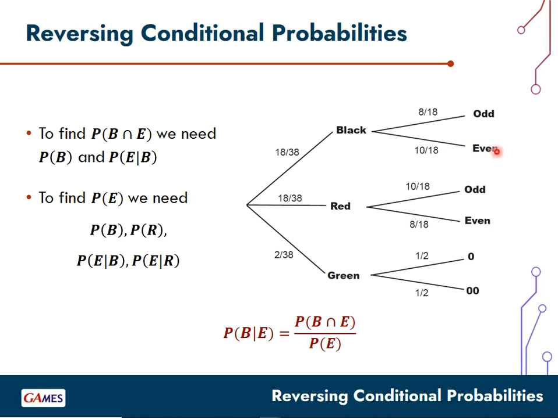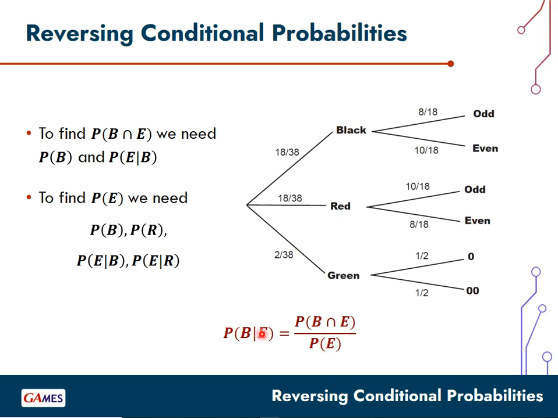Of course, you will not just add the two, because if you add 10 over 18 plus 8 over 18, that's 1. And we know that the probability of even in this roulette wheel problem was 18 over 38. So it's not enough to just do P of E given black plus P of E given red. You won't get the result.